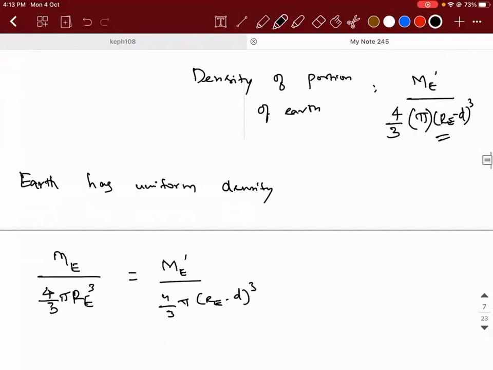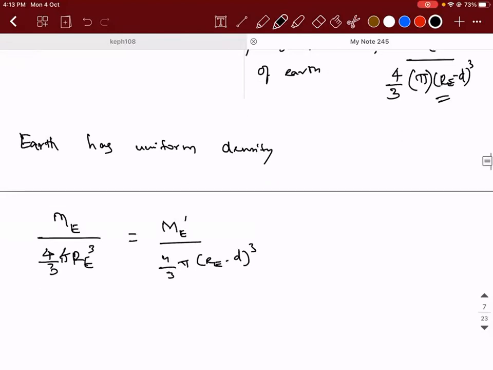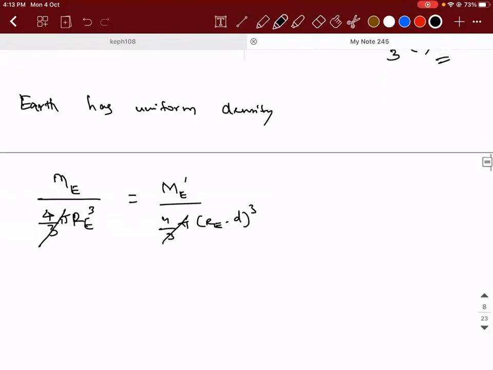This I've already told. Wherever you speak about uniform mass density or uniform linear density, the amount of mass concentrated per unit volume is going to be constant. So this and this will get cancelled. So what is the value of ME dash? It will be ME into RE minus D the whole cube divided by RE cube.